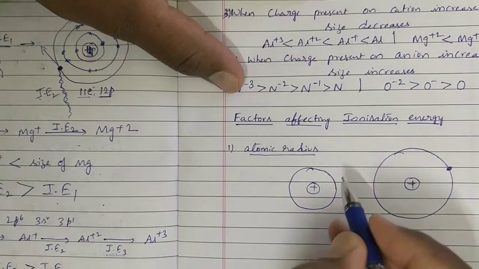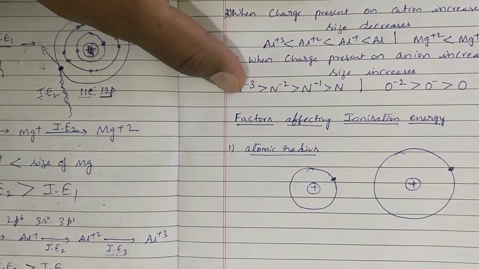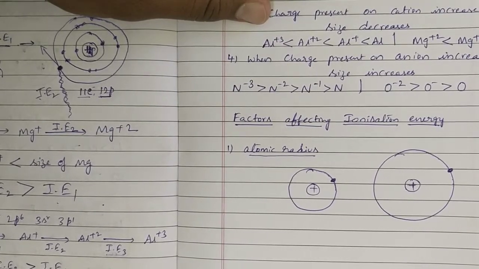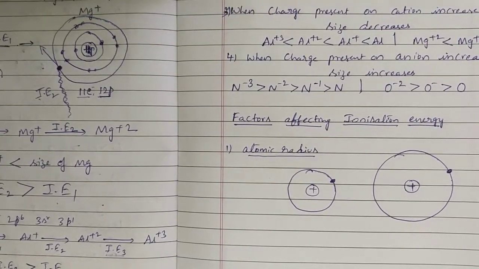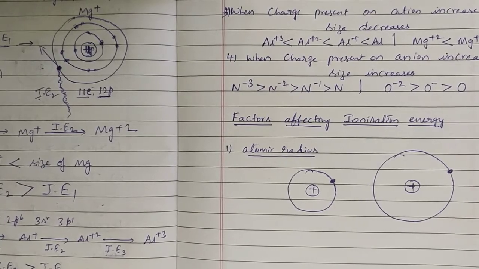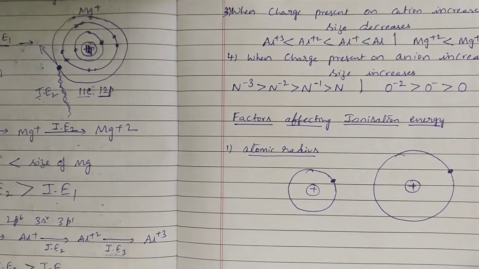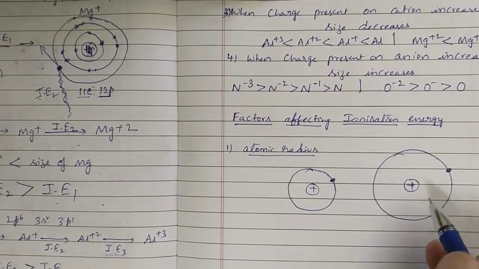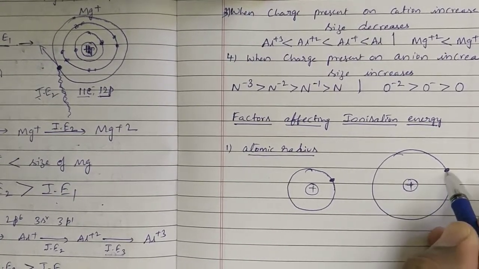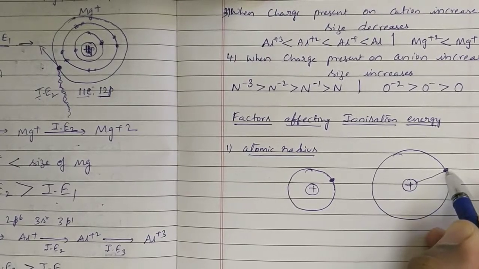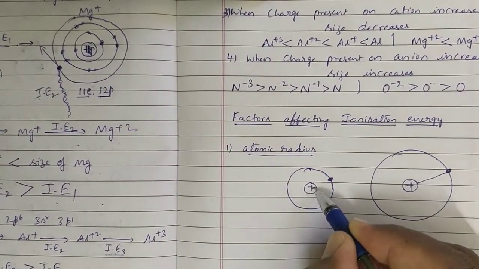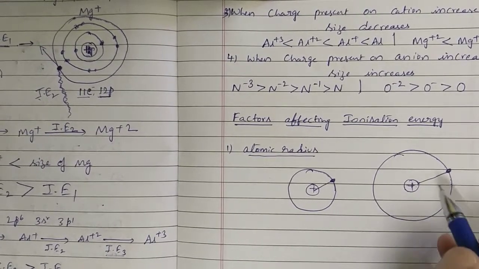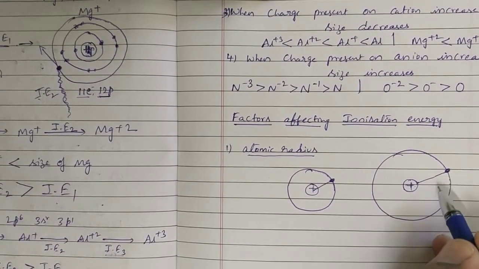Here one electron is present, here one electron is present. From which atom can we remove the electron easily? Easily is nothing but with less energy. Coming to the big atom, the distance between the nucleus and the outermost shell is high. In the small atom, the distance between the nucleus and the outermost electron is small. When the distance is more, attraction is less.